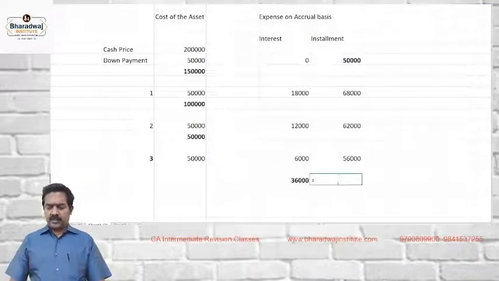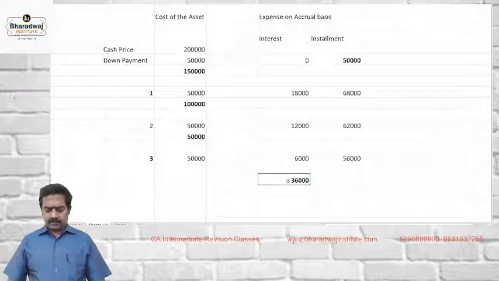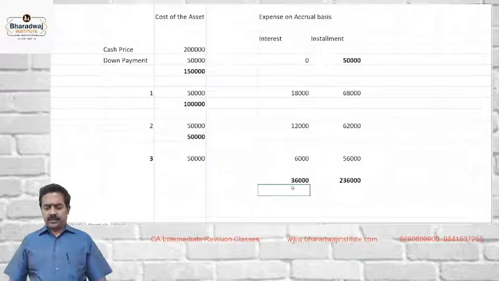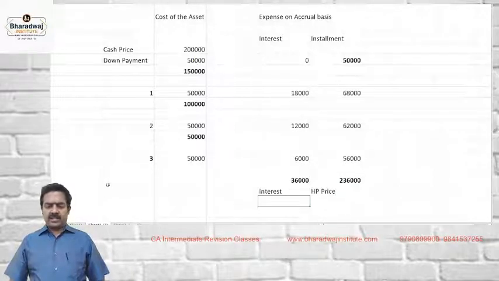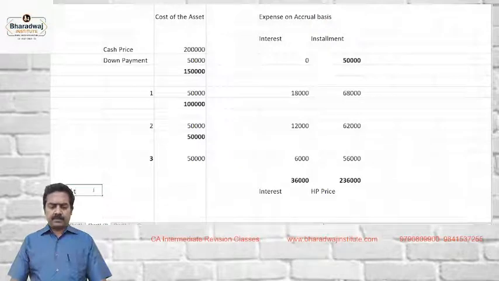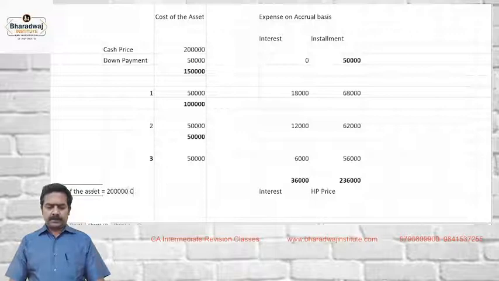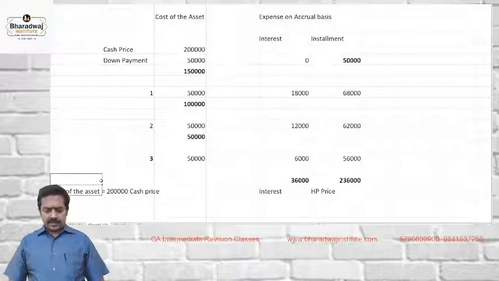This is called the hire purchase price, 2,36,000. This is the interest component. This is the hire purchase price. But what is the cost of the asset? Two lakhs. Cash price becomes the cost of the asset.